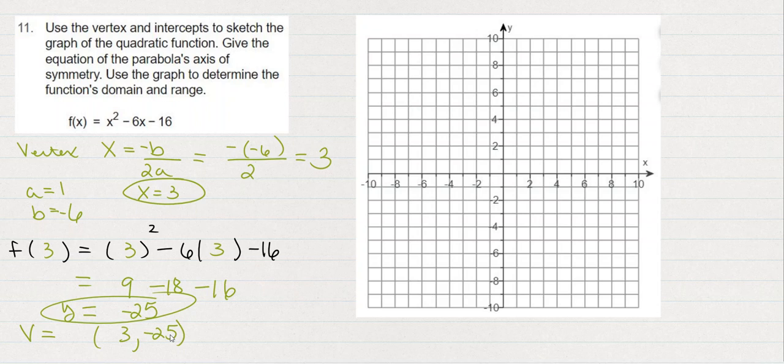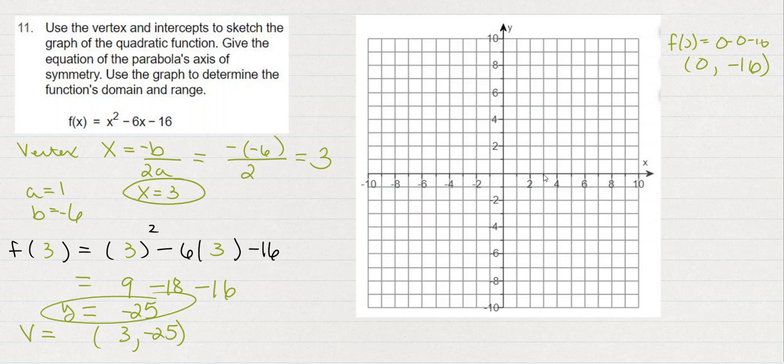And then the intercepts, if I let x equal 0, I'd have 0 minus 16, or in other words, 0, -16. So I could graph these points.